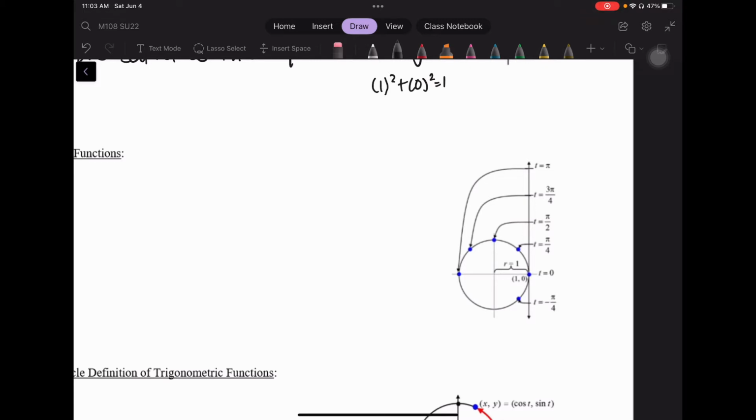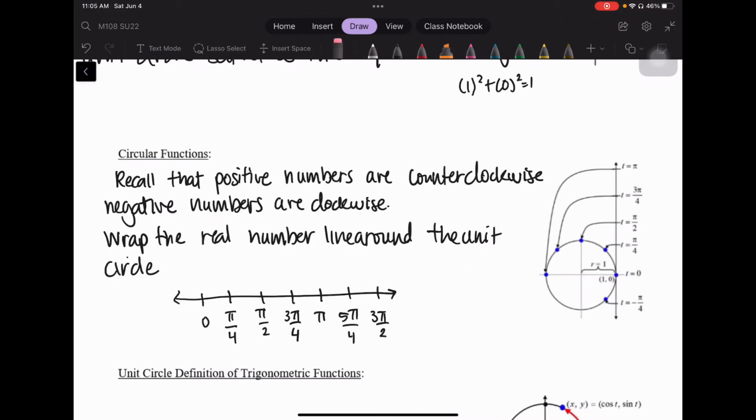P is going to be the point associated with that real number t measured along the circumference of the unit circle from the point 1, 0. Taking this number line that you see here and just wrapping that number line around the circle like this. We can then use this unit circle to help us define trigonometric functions for any value.